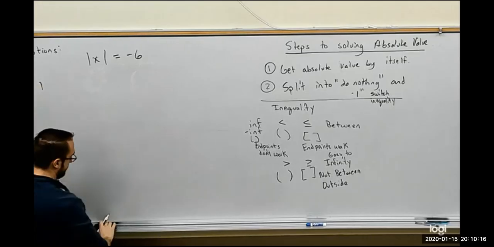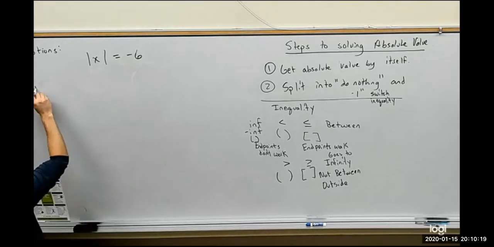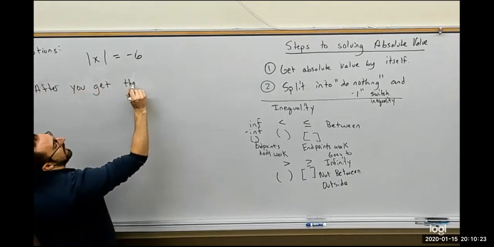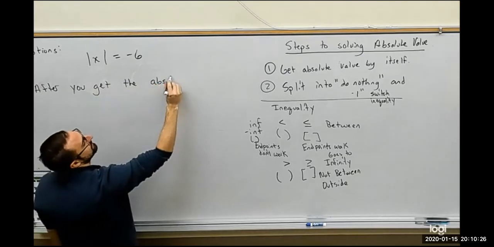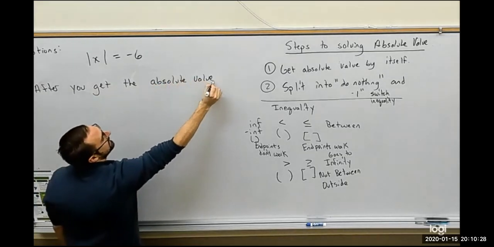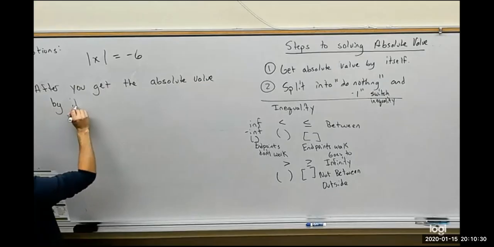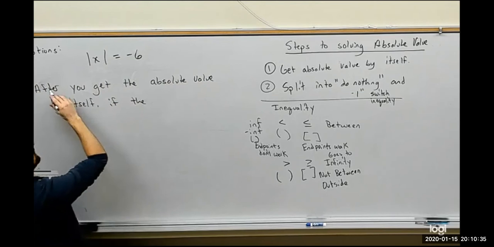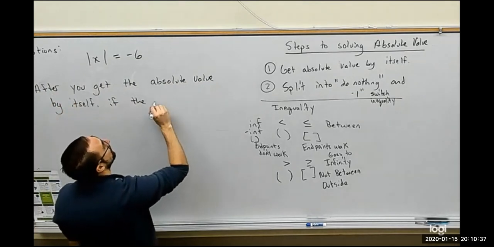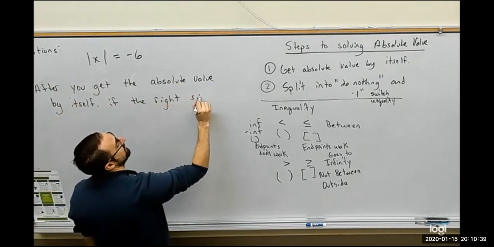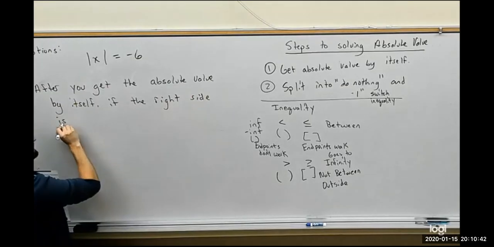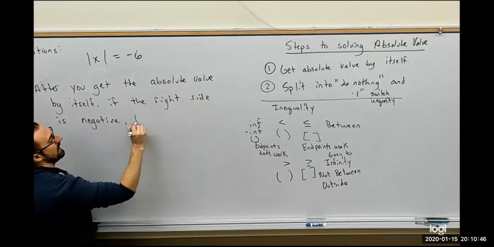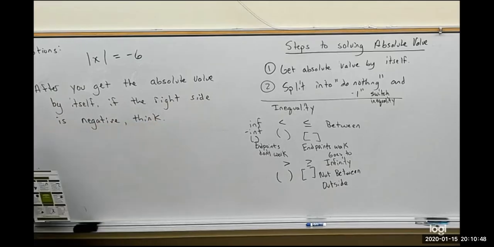After you get the absolute value by itself, after step one, if the right side is negative, you're going to have to think.